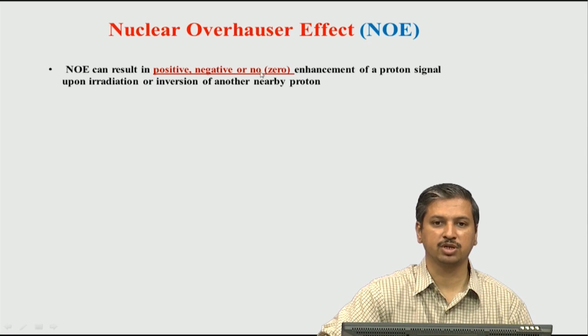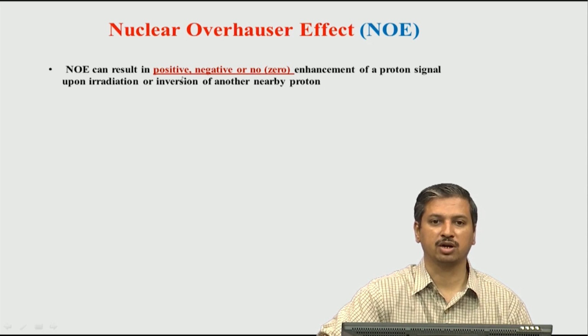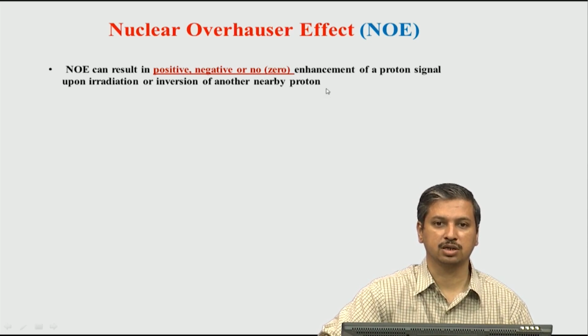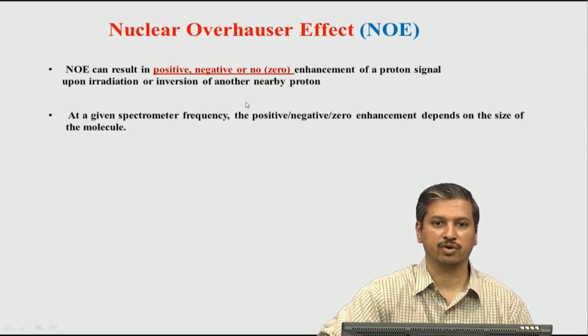No enhancement has two possible reasons: one is the two hydrogens are not close to each other, or by chance it has a particular value of what is called a frequency, which results in a zero enhancement, meaning no effect. So, NOESY can fall into any of these three categories in terms of the intensity effect, how it is affected by a neighboring hydrogen.